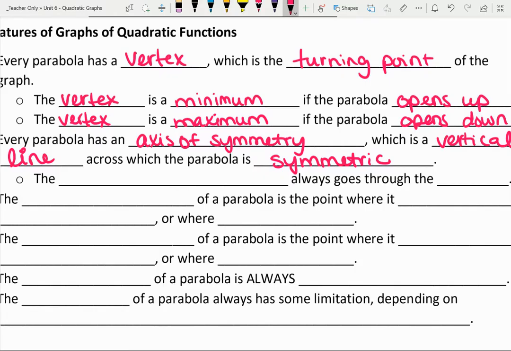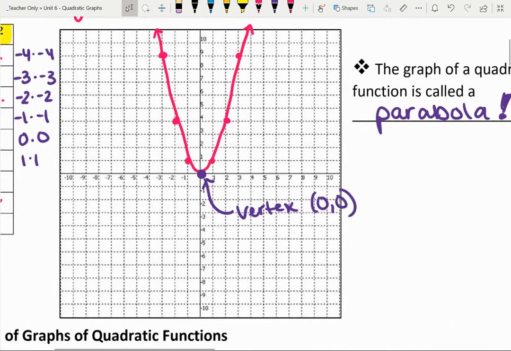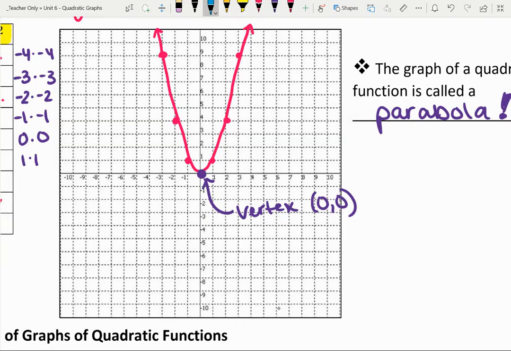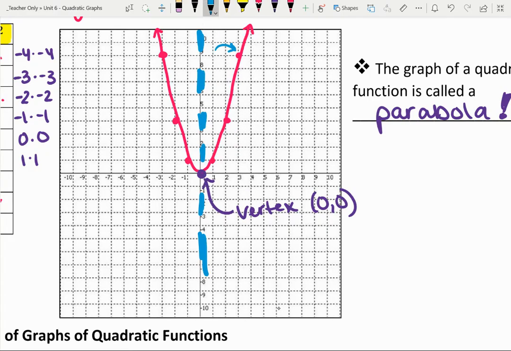It's like if we put a mirror in the parabola, we would see the mirror image on either side of it. If we look back at our parent graph, y equals x squared, if I were to hold a mirror right here in the middle of the graph, we would see the same reflection on one side as on the other. That makes this line the axis of symmetry.